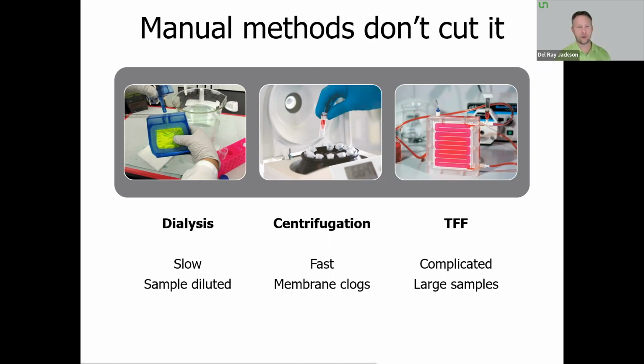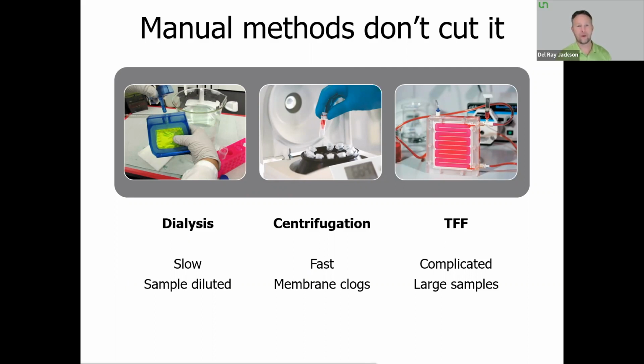And also, what's not mentioned on the slide, but if you've had to do this, it's been since grad school for myself, but if you have to do this, it can take a lot of time. You're running back and forth from the centrifuge. And if you're working with TFF, it can sometimes be complicated to get your TFF run set up, but also you often need large volumes, sometimes 100 mils or hundreds of mils to really make it worth your while to buffer exchange your samples that way.